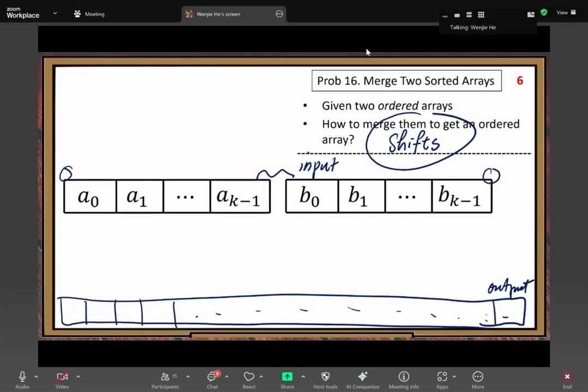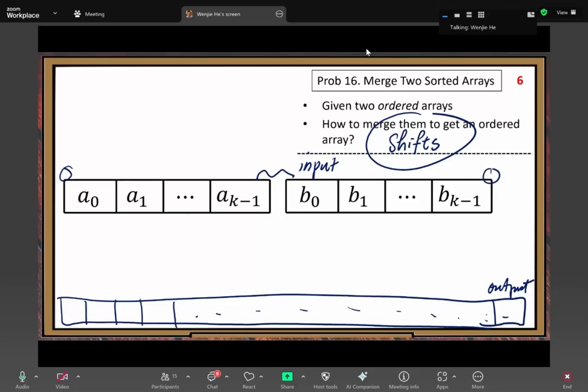Then we just want to arrange the elements in the input to the output array in a certain way. Here we use that in-place idea. Every time we want to put one element in place. If we use that in-place idea, then it's pretty easy.